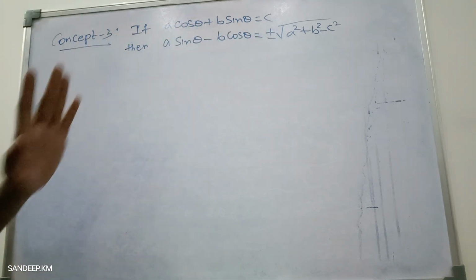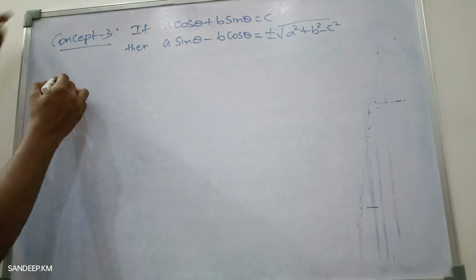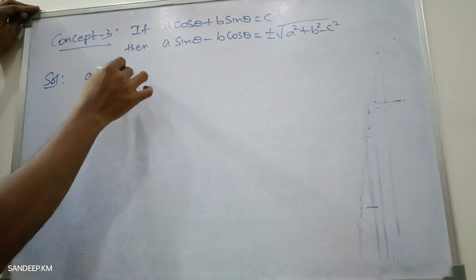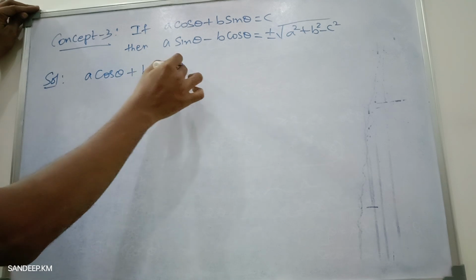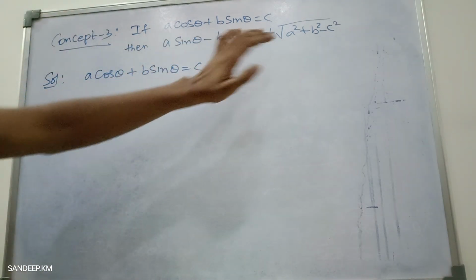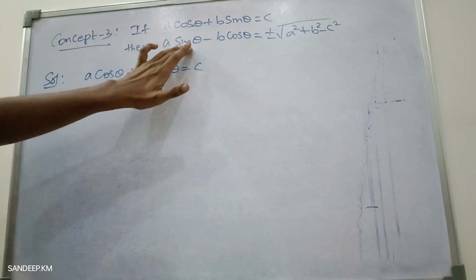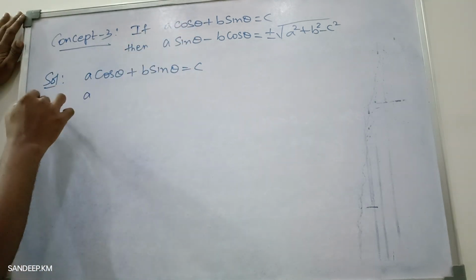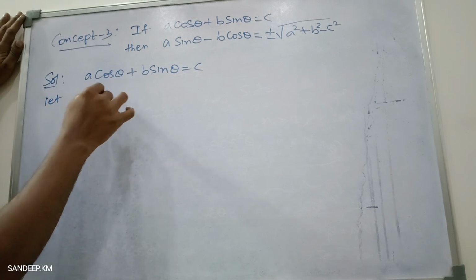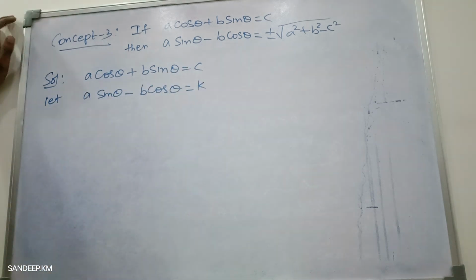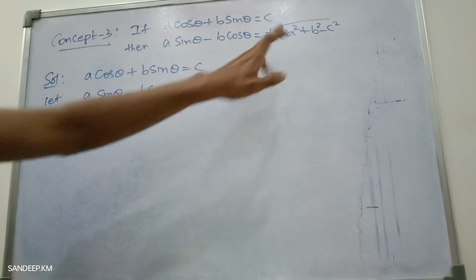But let us see how to prove this. Now, what they have given here, dear students, is that a cos theta plus b sin theta is equal to c, and I have to prove that this is equal to this. Let me take a sin theta minus b cos theta is equal to some constant called k, and you have to prove that k is equal to this.